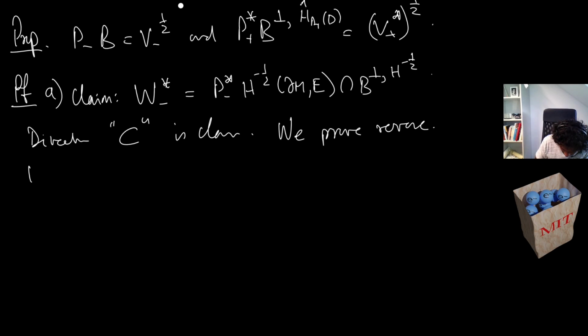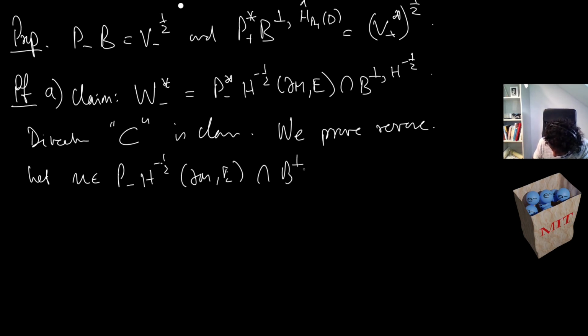Okay, so let U be in P minus H minus a half partial ME intersect B perp H minus a half. Sorry, P minus star here.